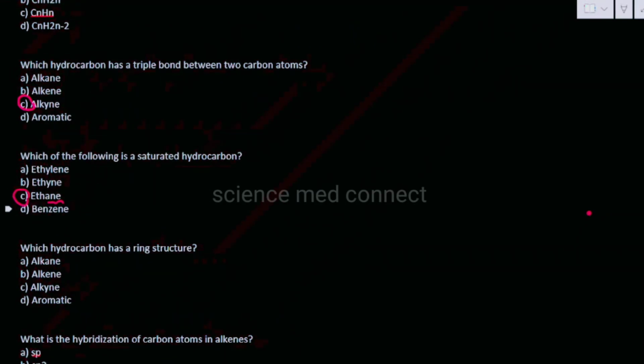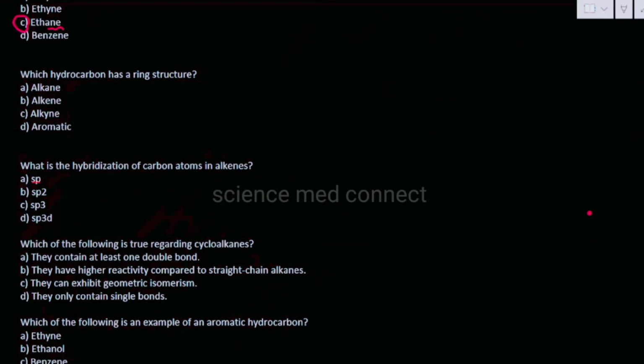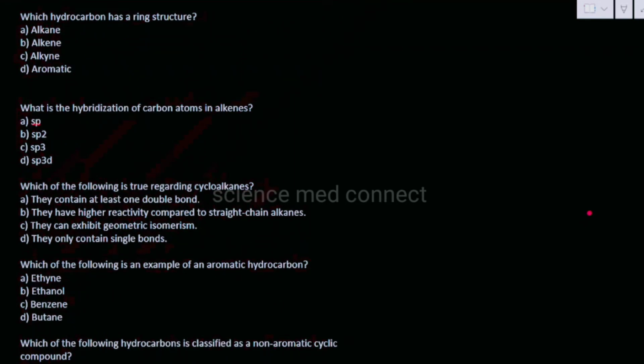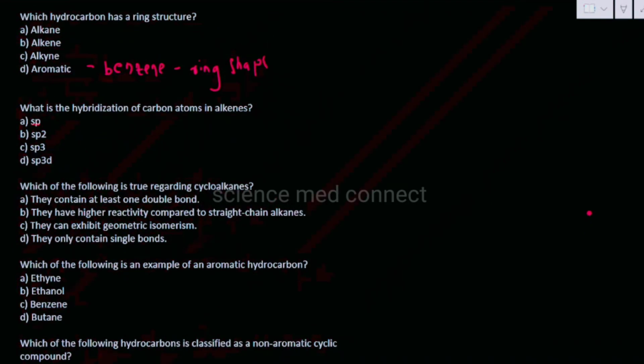The next question, which hydrocarbon has a ring structure? Alkane, alkene, alkyne, aromatic. We know aromatic compounds definitely contain benzene. Benzene is a ring structure. So the answer is D.